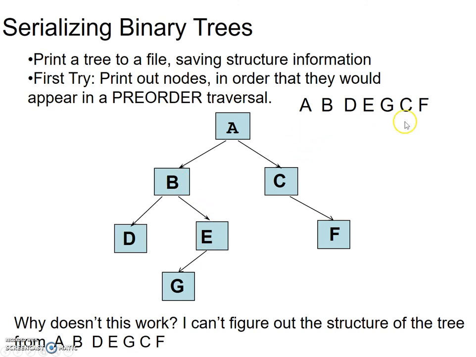So you'll see that this is the pre-order traversal. However, this is not going to work because just by having this list of nodes here, I have no way of figuring out what the structure of the tree is. I would not be able to reconstitute the tree just from having this list of nodes.